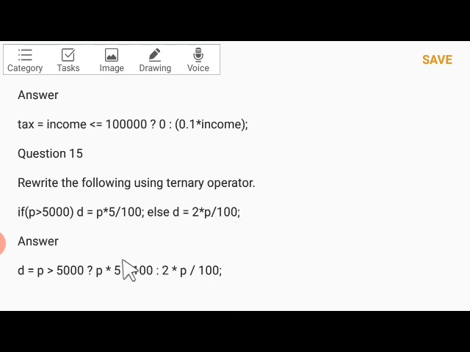So here, students, you will write this D on the extreme left, then you will find the condition. This is the condition, so it will be written before the question mark, P > 5000. Then we write these expressions, one before the colon and the other after the colon. After the colon is the part of else. So here we write 2 * P / 100, and before the colon we write P * 5 / 100, and don't forget the semicolon.